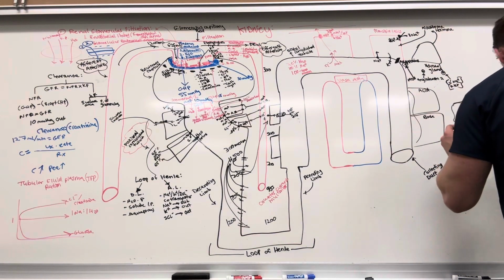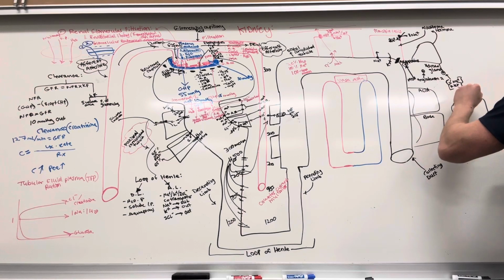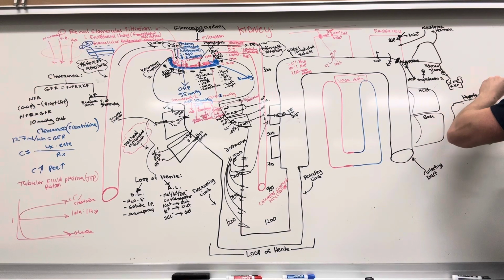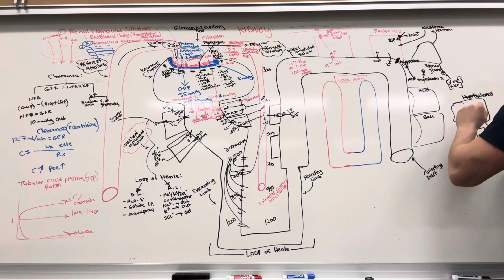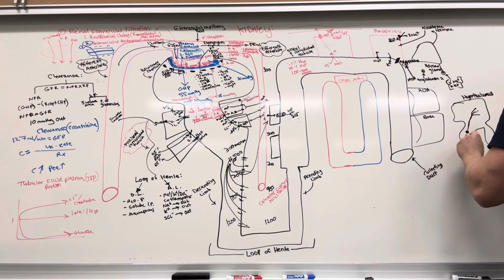We could call this structure the hypothalamus. And what this does is, using angiotensin 2, it's going to take ADH, and these neurons actually release ADH, and then ADH will go and do its thing.